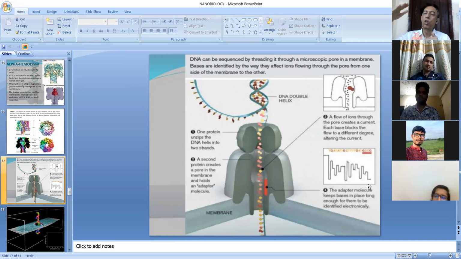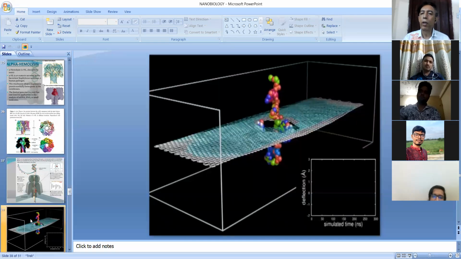So the sequence is adenine, guanine, uracil, thymine. And then again thymine is passing. So by this way, you can sequence the bases of DNA by means of a nanopore.